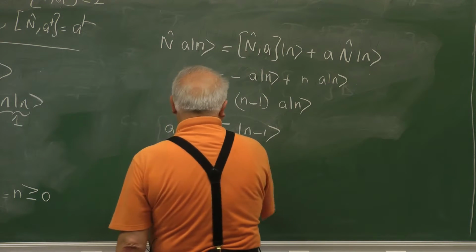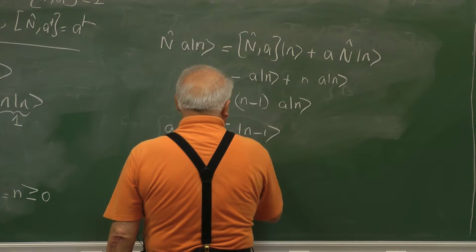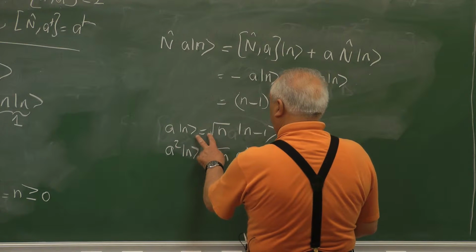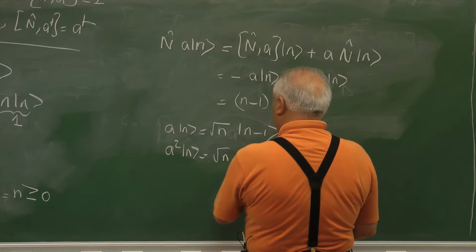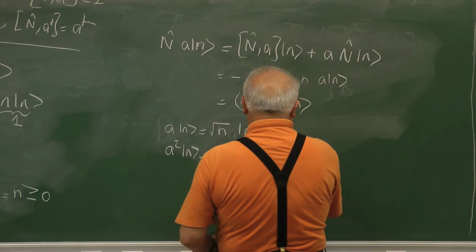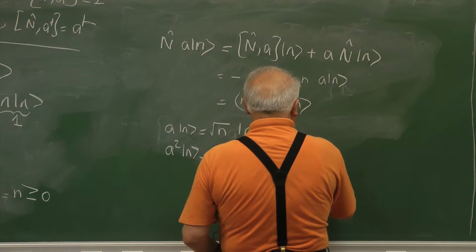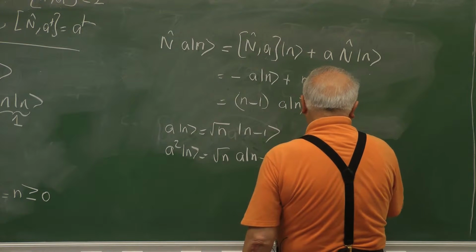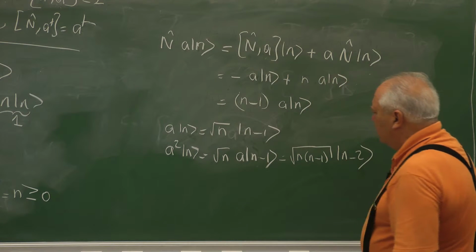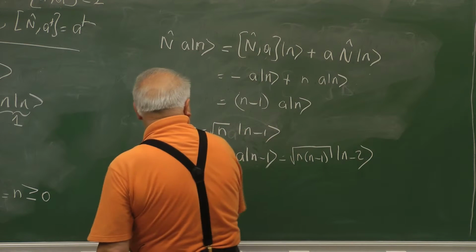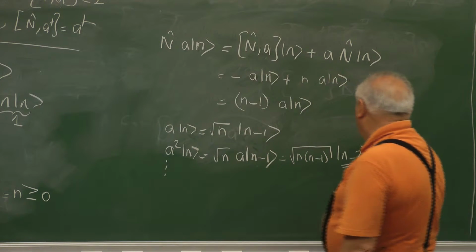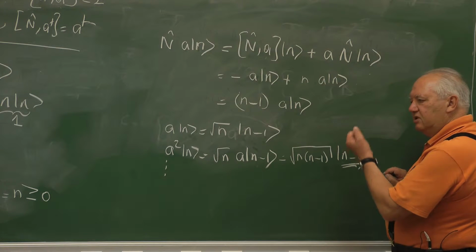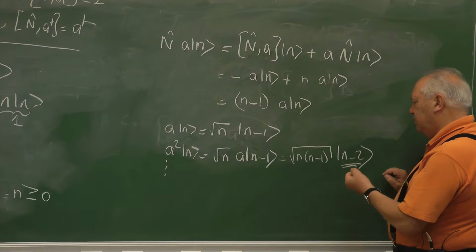This is root n a|n minus 1⟩. And using the same formula for |n minus 1⟩, this is equal to root n minus 1 |n minus 2⟩. So it will go down. Now I have a state with the eigenvalue n minus 2. The eigenvalue is reduced by 2 integer units.